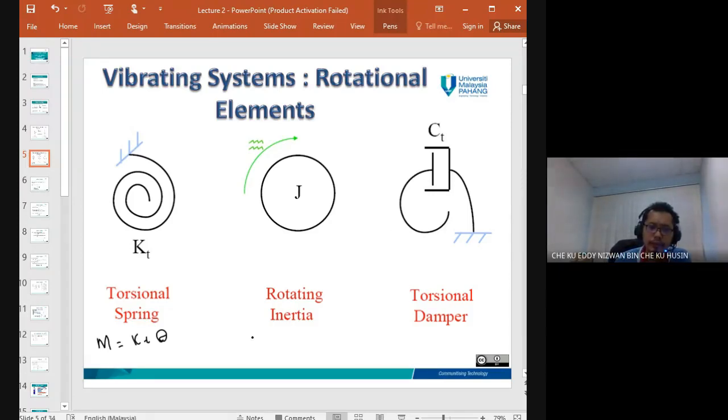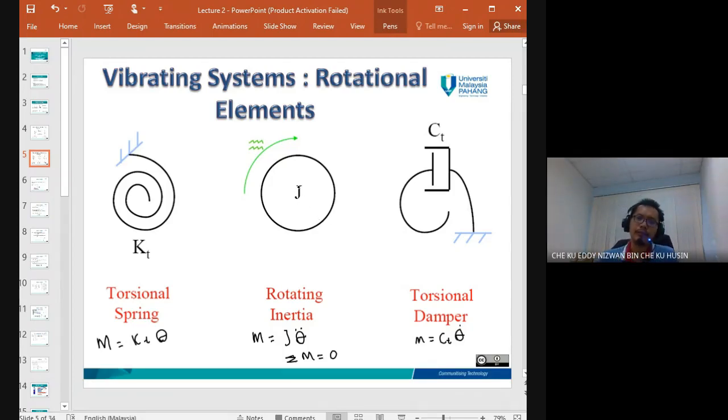So M for inertia equals J theta double prime, which is the acceleration in the rotational direction. For the damper, the moment can be calculated as CT times theta dot, which is the velocity. In this case, the total of the moments should equal zero. So this is just the symbols.